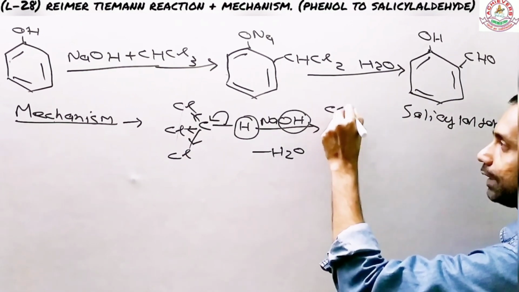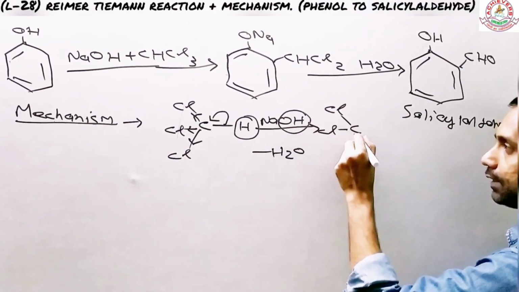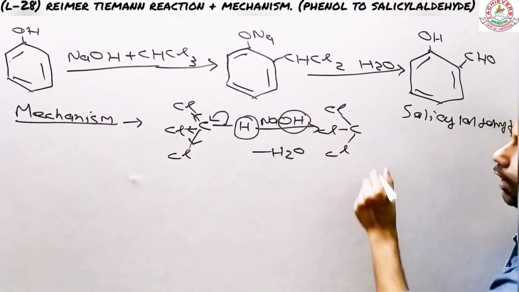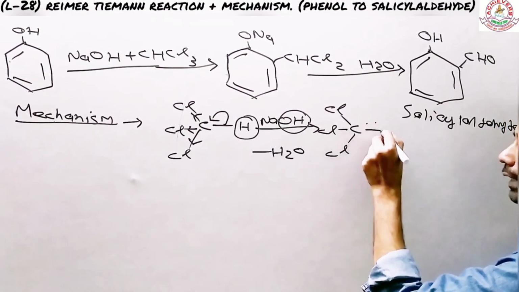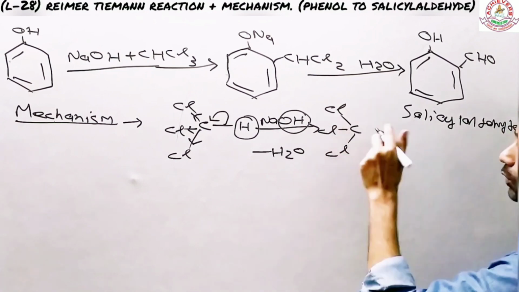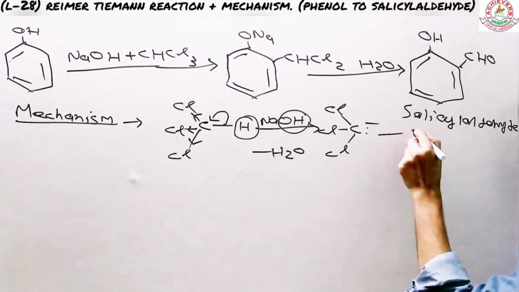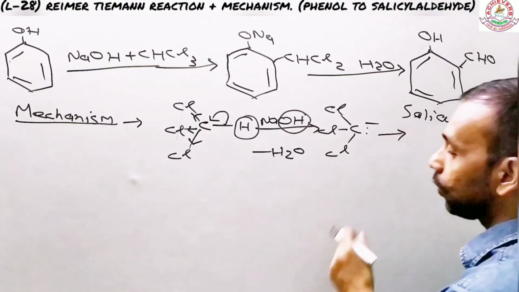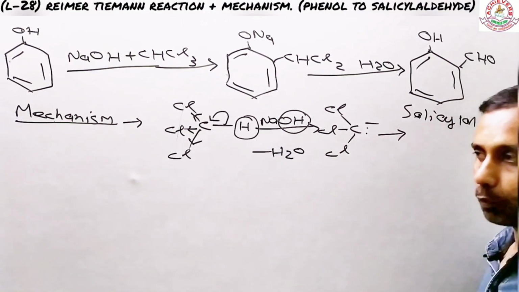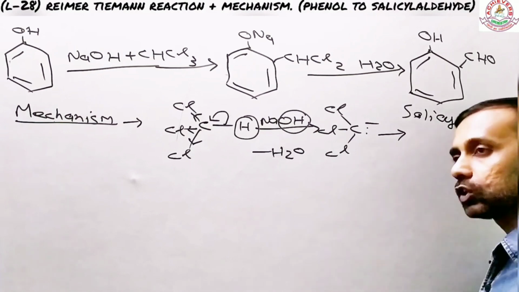and results in the formation of a carbon with three chlorines here, and now the carbon has a lone pair and a negative charge. But another thing you understand is that chlorine is a good leaving group that prefers to get out.